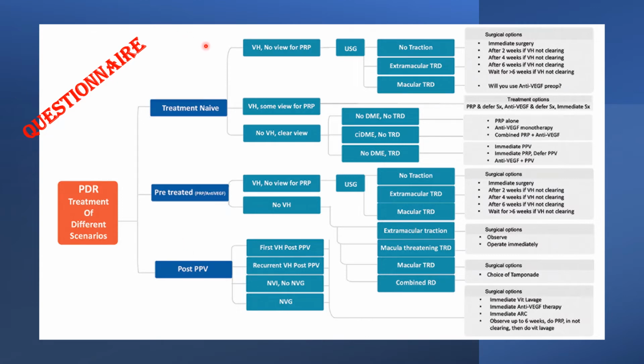In each of these populations, a distinction was made according to the view of the fundus, the entity of vitreous hemorrhage, the presence of traction, if no traction, extramacular or macular, and sometimes the presence of diabetic macular edema.